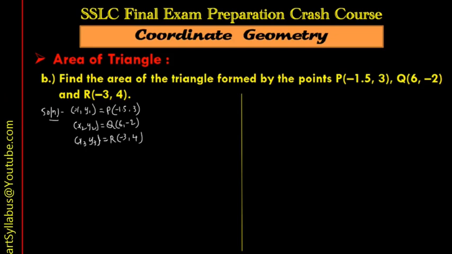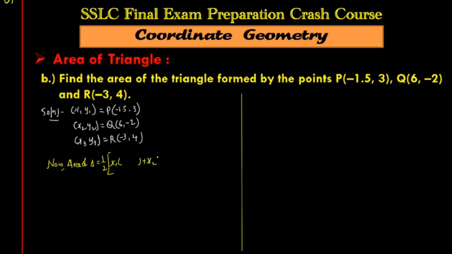Now write the area of the triangle formula. Area of the triangle is equal to half. First we'll write x1, take a bracket, plus x2, one more bracket, plus x3 and one more bracket.